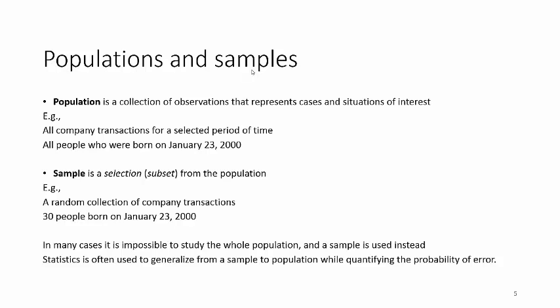For example, an auditor is often asked to issue opinions on the financial statements. The financial statements are linked to a company's business transactions. So the population here is all of the company's transactions.